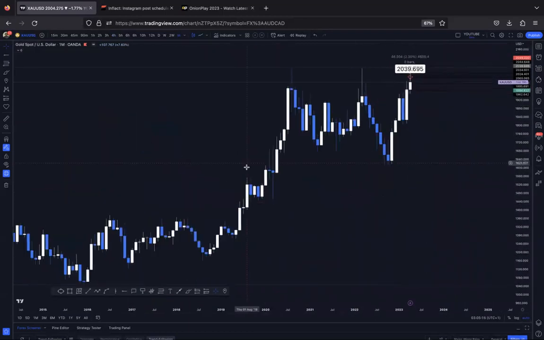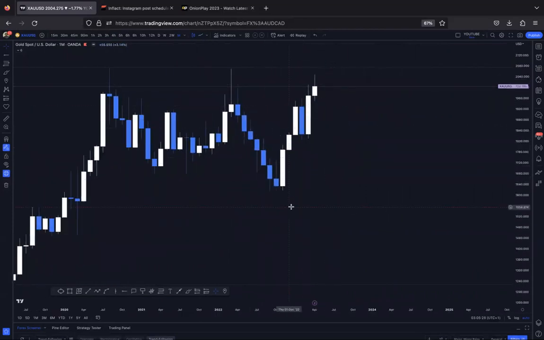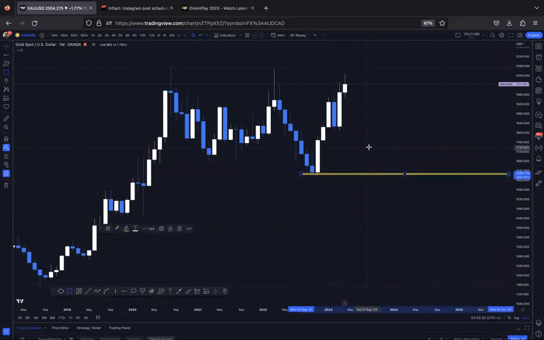So from what we've talked about, monthly time frame. So here within this region here, we want to keep an eye on the low here. We also want to keep an eye on this low here.